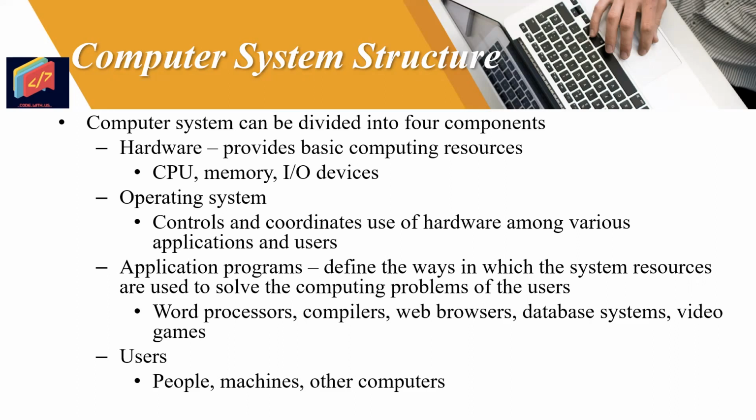And coming to database systems and video games, as everyone knows. And coming to the users, generally we are the users who use the computers, like people and even other machines and other computers which are in contact with this computer. This is called computer system architecture.